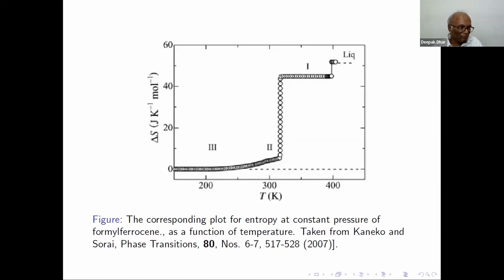Entropy jumps at melting. And there is another jump, even bigger, from phase 1 to phase 2. And from phase 2 to phase 3, there is no jump in entropy, because there is only a jump in specific heat, which is a derivative of the entropy. So the curvature here perhaps changes, which you cannot see very well in this data.